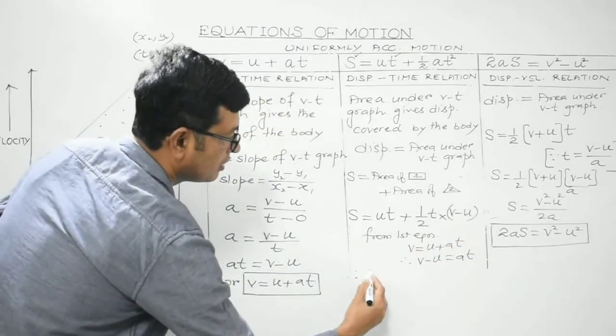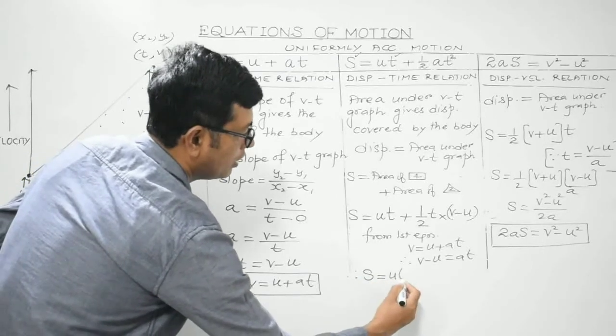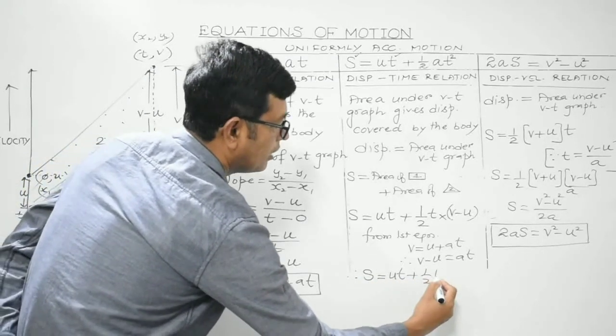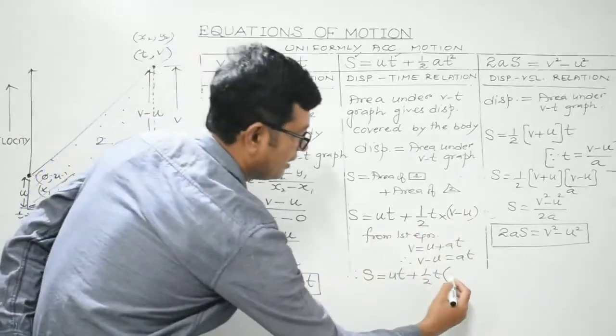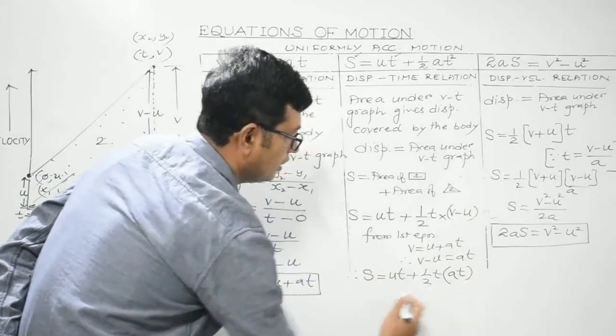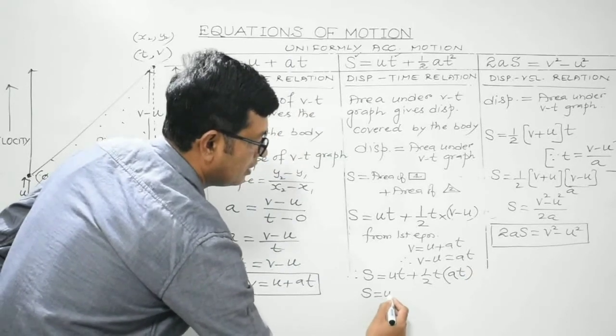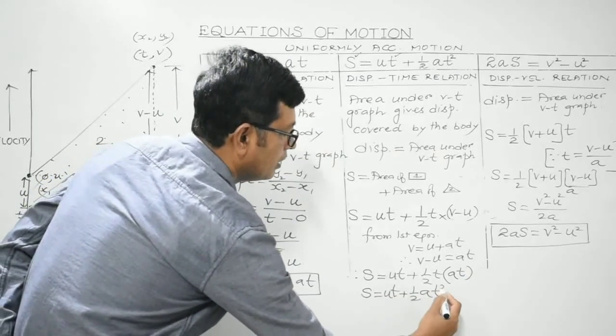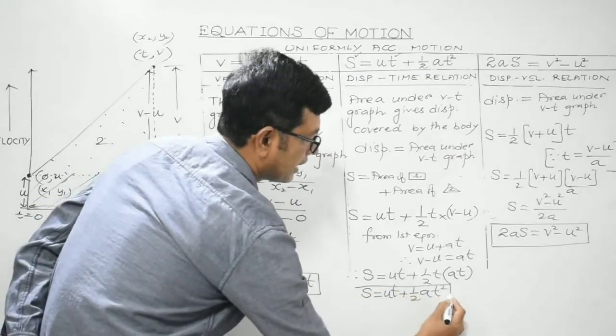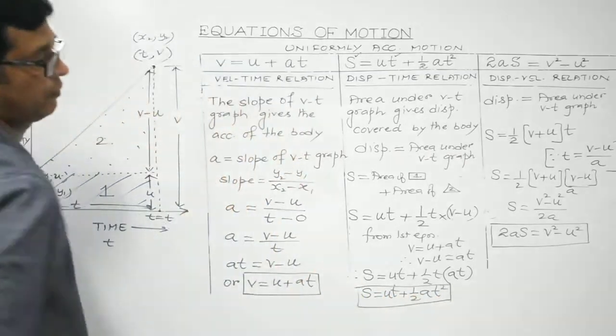Therefore, what you get is S is equal to ut plus half t, and in place of v minus u, you can write it as at, a into t. So we get the second equation of motion, ut plus half a t square. So that's the second equation of motion for you.